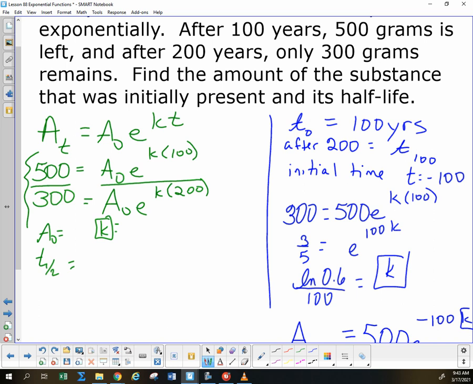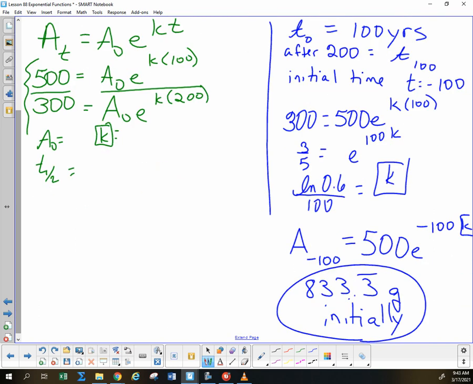So I'm going to switch my system around and say, I had 300 equals A0 e to the 200K, and I had 500 equals A0 times e to the 100K. My A0s cancel out and I have a 1. And on this side, I have 3/5 or 0.6.